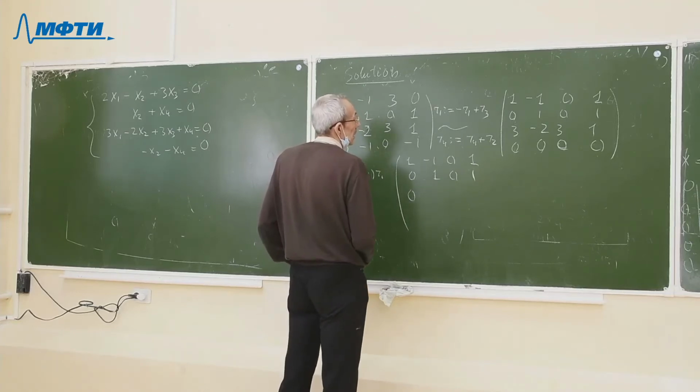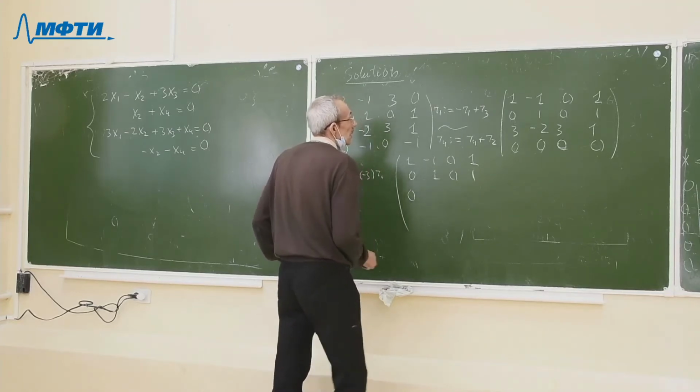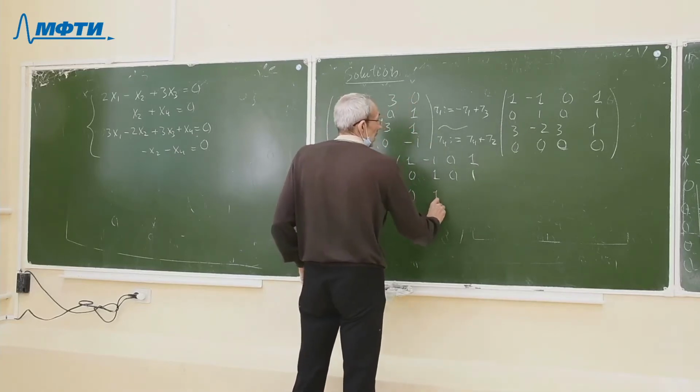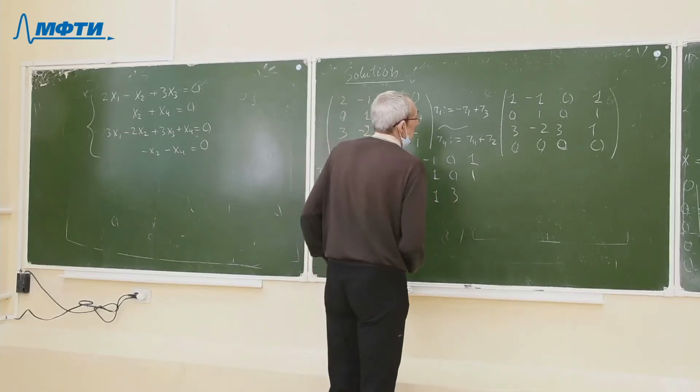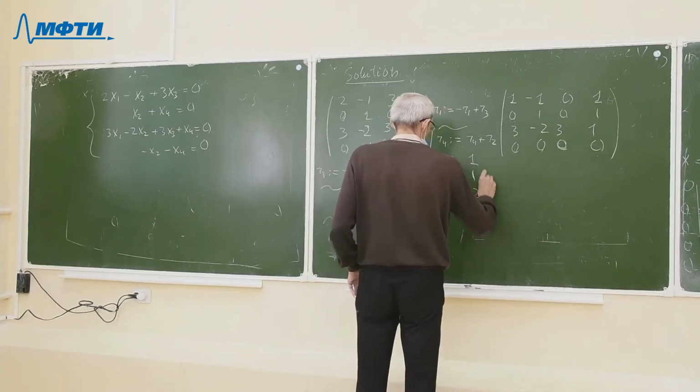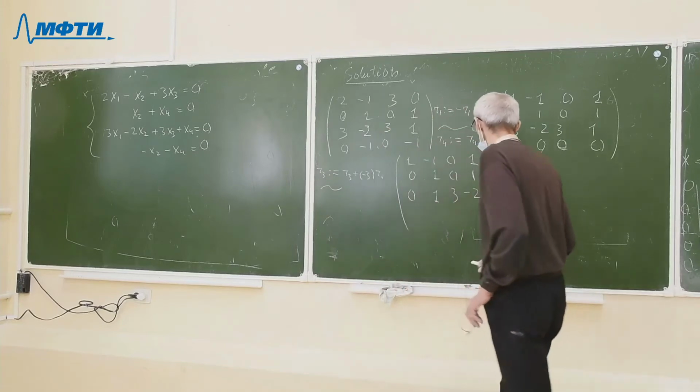Minus 3 plus 3, 0. Minus 1 minus 3, minus 3 plus... 3 minus 2, 1. 3 minus 3 plus 1 minus 2, minus 2.